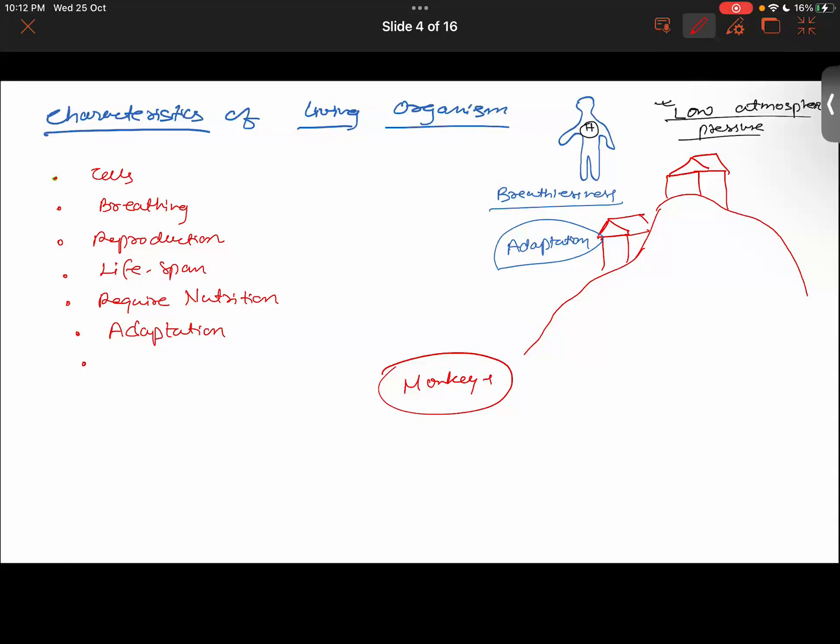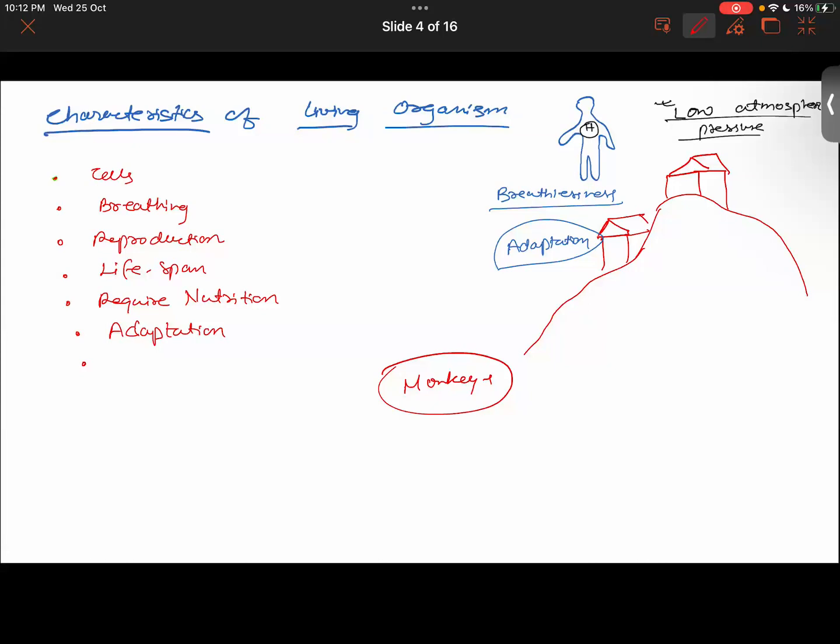Or they could hang from the trees using their tails, you know that, right? So all these characteristics that develop in living organisms take time. So that is adaptation, right?